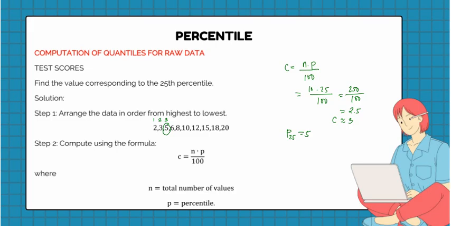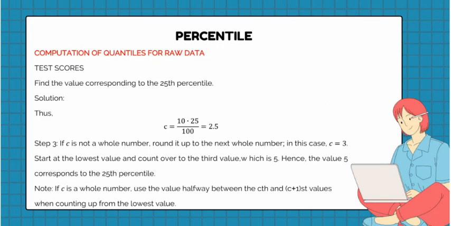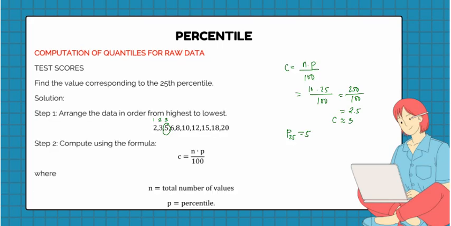Then, also referring to the other rule wherein it is a whole number, or our C is a whole number, you are going to find the halfway between our Cth and C plus first.